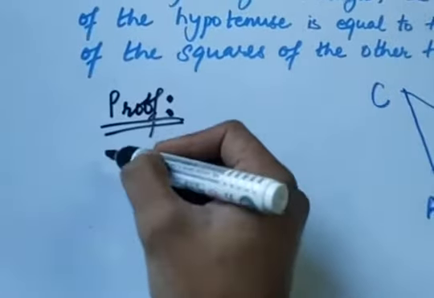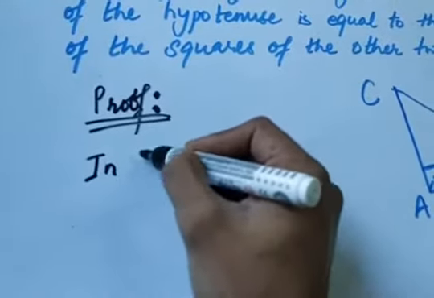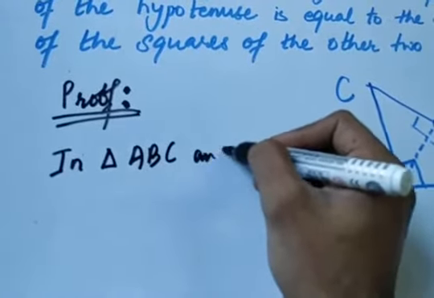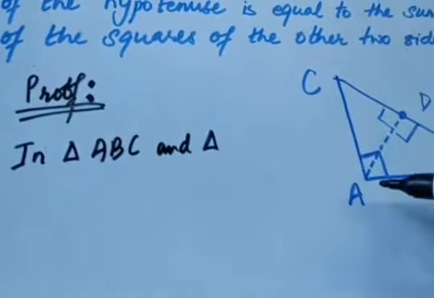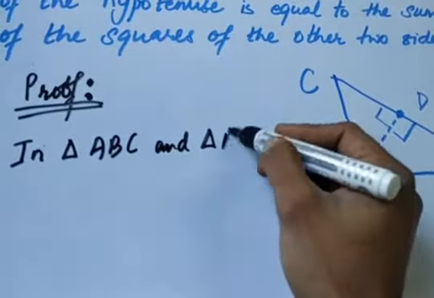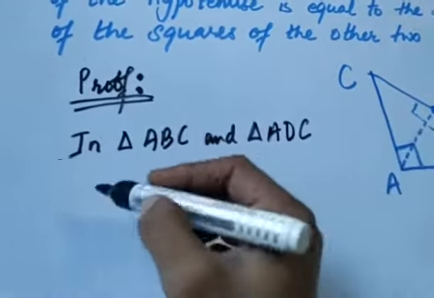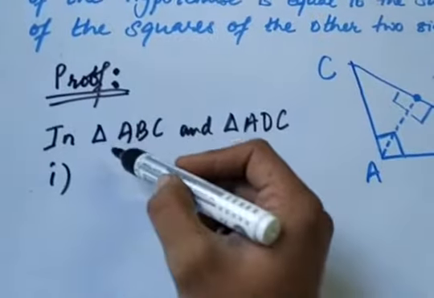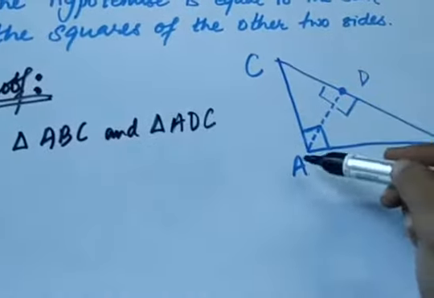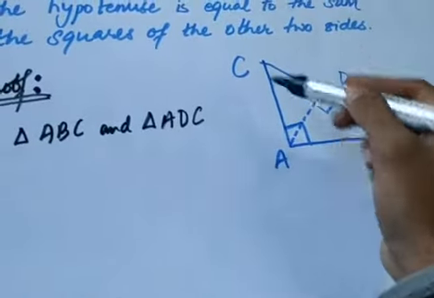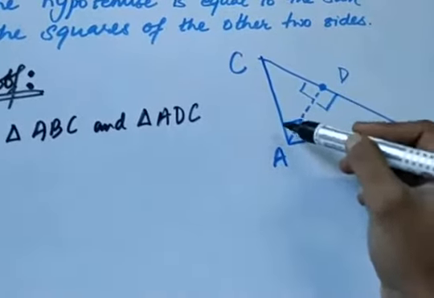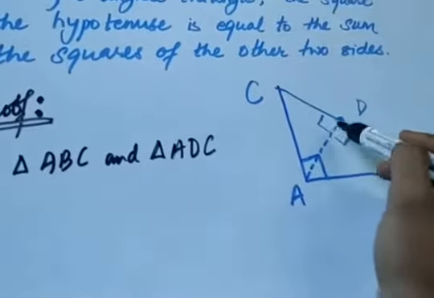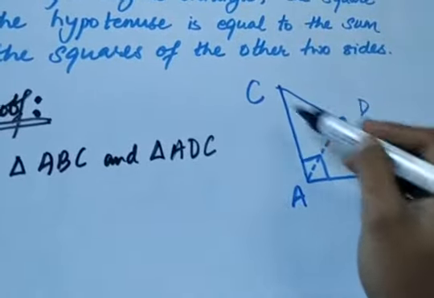So we'll say in triangle ABC, which is the large triangle, and the smaller triangle ADC, and to prove similarity we are going to use two things which we already know. In triangle ABC, you can see one is 90 degree, that is this angle, that is BAC is 90 degree, and in this triangle also you can see 90 degree.